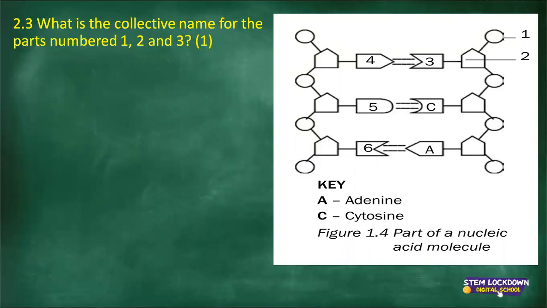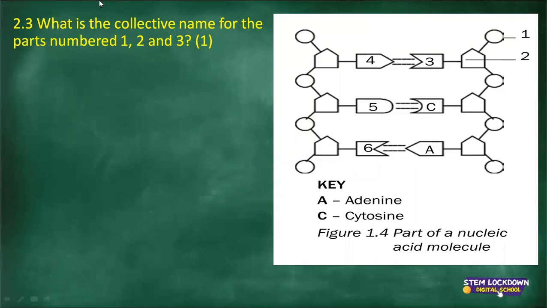There is a collective name that refers to the phosphate group, the sugar group, and the alternating base. So what was the name there?